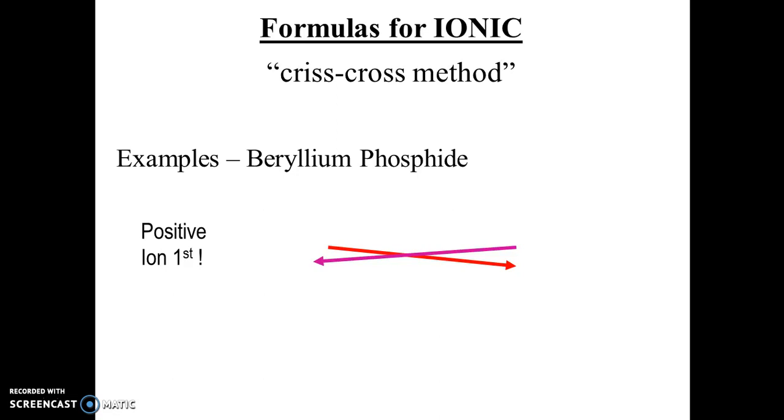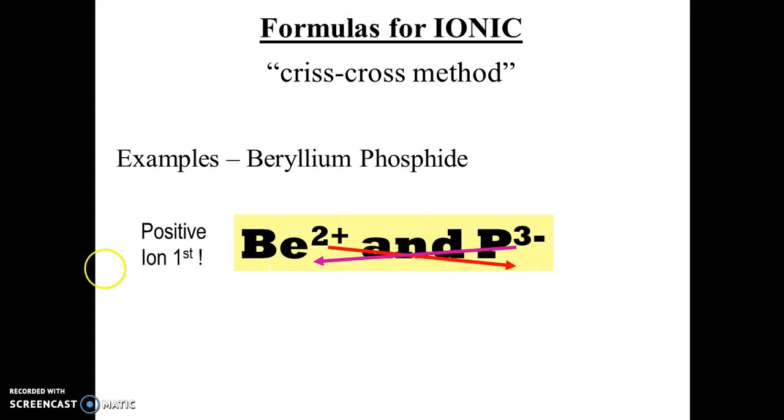We call this the criss-cross method. If we're going to write the formula for beryllium phosphide, the combination of beryllium and phosphorus, first we write the cation, so beryllium is a +2, and then we write the anion, so phosphorus is a -3. Then we crisscross down.